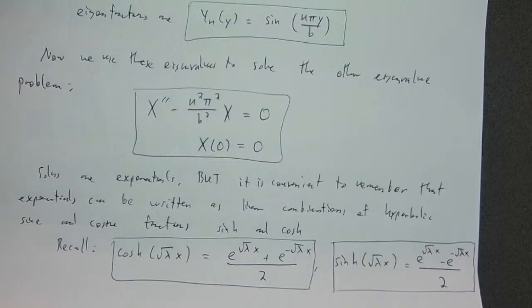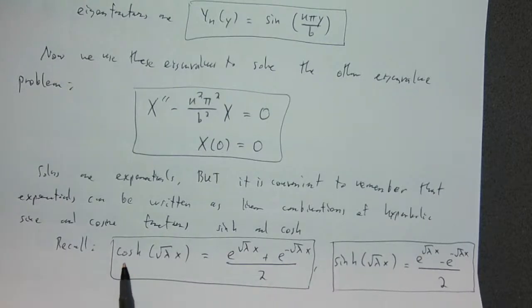The analogy between cosh and cosine and sinh and sine is pretty strong. Cosh is an even function, sinh is an odd function. Cosh of 0 is 1, sinh of 0 is 0.